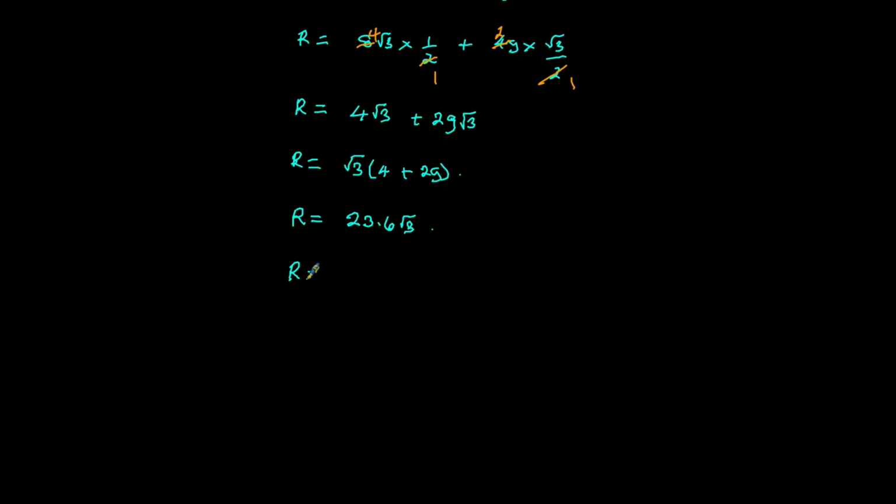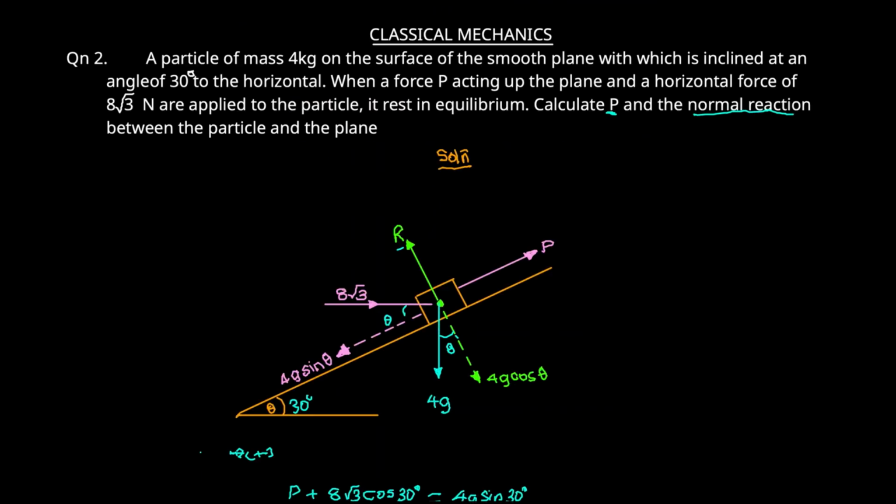And when we insert this into a calculator, it results into 40.87639905. So we can round this, approximating it to 2 decimal places, which is equivalent to 40.88 Newton as the normal reaction to the plane as indicated by our R.